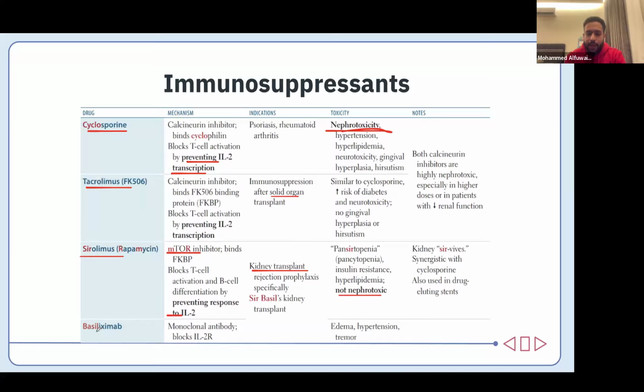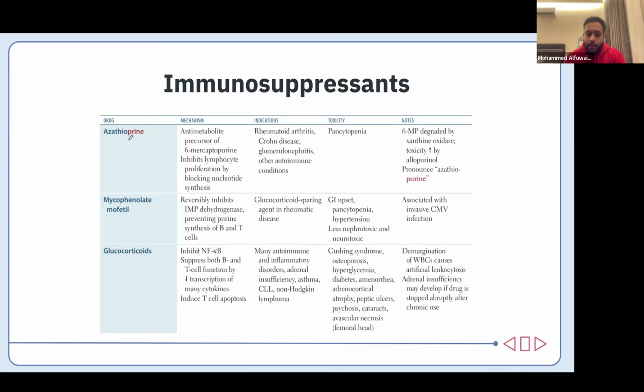Then we have anti-CD25, which is the IL-2 receptor monoclonal antibody. Then azathioprine, which turns into 6-mercaptopurine, which blocks nucleotide synthesis. We already know when we use it in rheumatoid arthritis, which we covered in MSI. Its toxicity is pancytopenia and one other important toxicity.